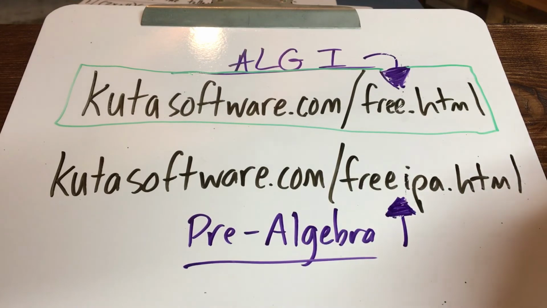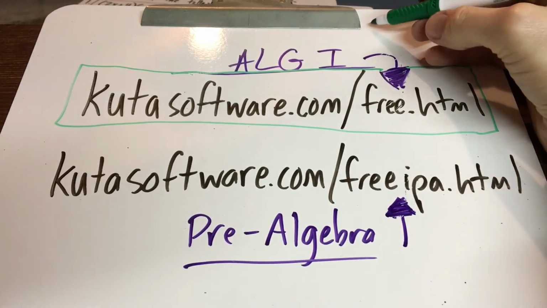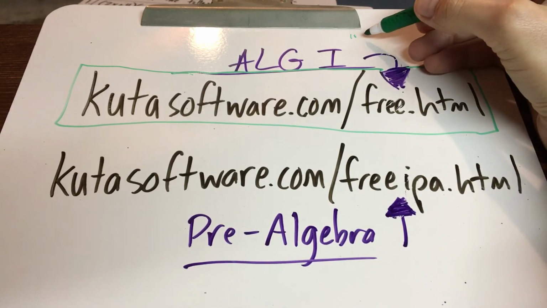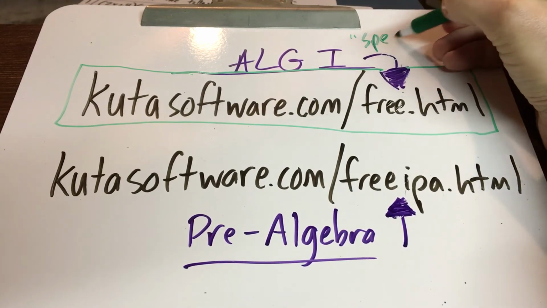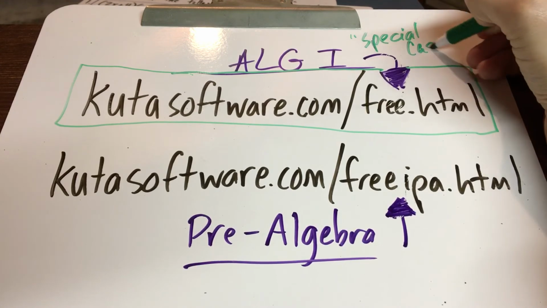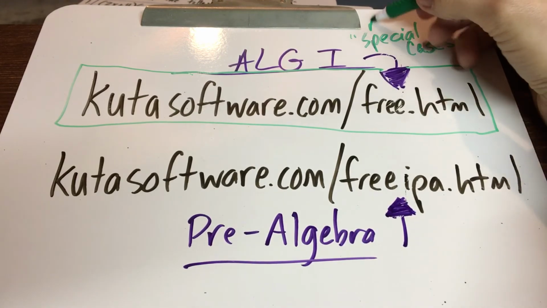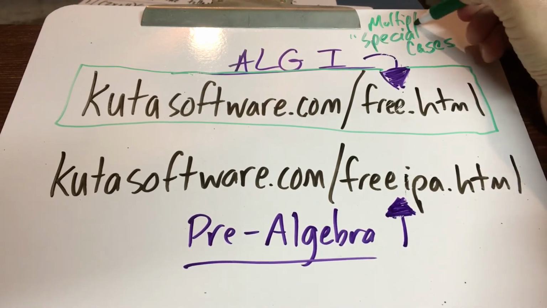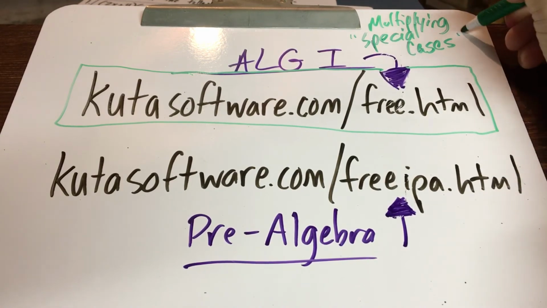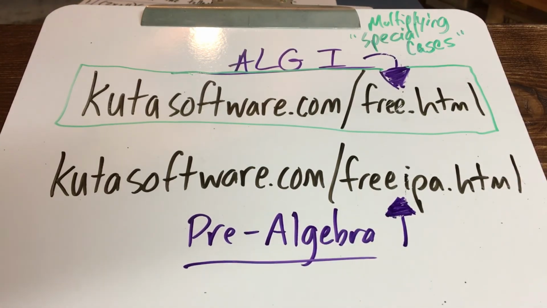It also includes an answer key so you can check your answers. I think the one you want to search for, it's on the right-hand side underneath polynomials. It's called multiplying special cases. That will give you some more chances to practice this on your own instead of just watching me do it.